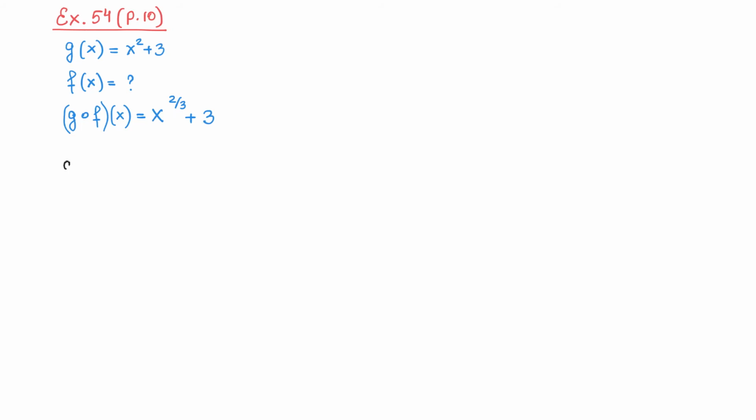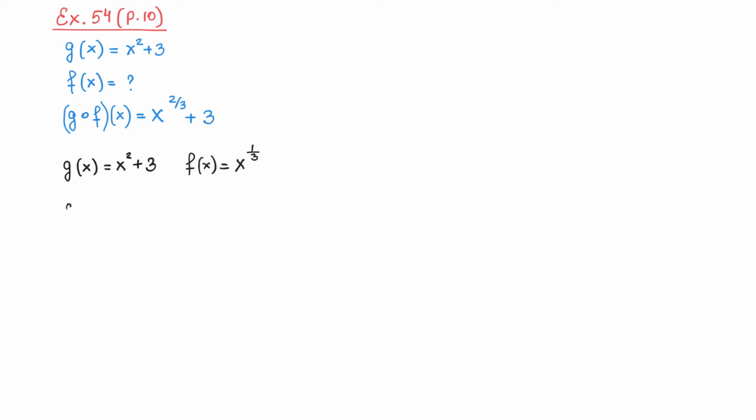Let's write again g of x. This is going to be the main function. Then what should f of x be? That when we replace this function in this x, we will get x to the power of 2 over 3 plus 3. Do you recognize that this would be x to the power of 1 over 3?